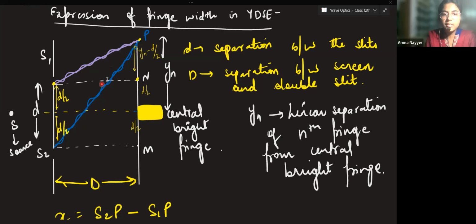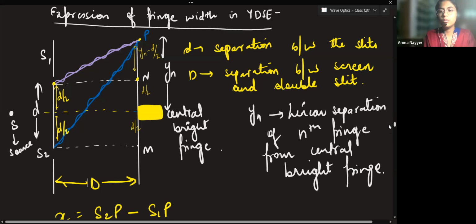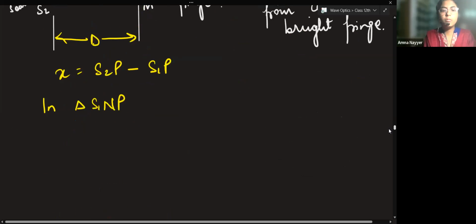And this is the base. The base is the separation between the slits and the screen, that is capital D. And S1P is unknown, that we are trying to find out. So S1P will be equal to what?